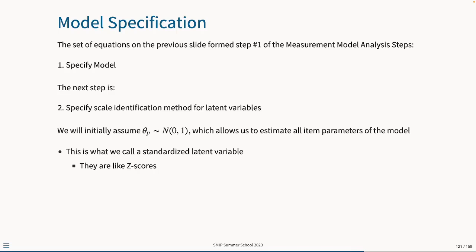We'll initially assume that theta follows a normal distribution, where we have a mean of 0 and a standard deviation of 1. We call this a standardized factor, standardized latent variable. This allows us to estimate all of the item parameters of the model. So theta is like a z-score, right?